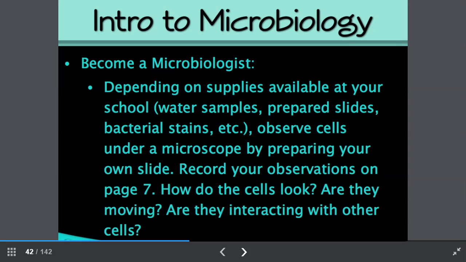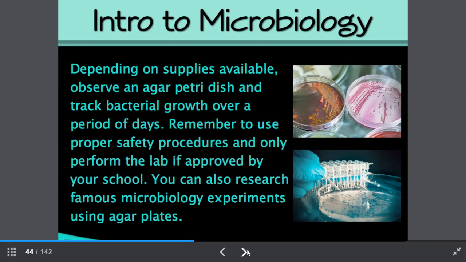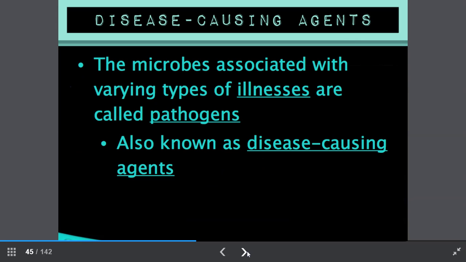Go ahead and turn your page now to page 8 in your notebook, and we're going to talk about disease-causing agents. The microbes associated with varying types of illnesses are called pathogens. They are also known as disease-causing agents.